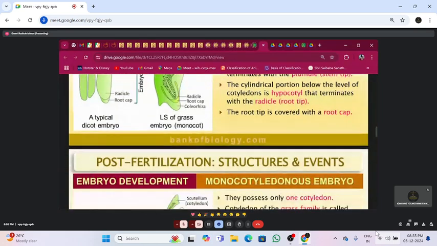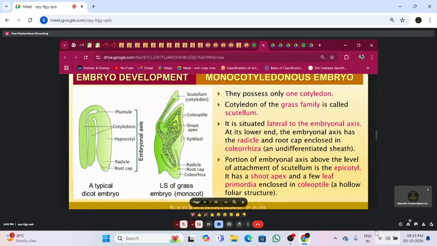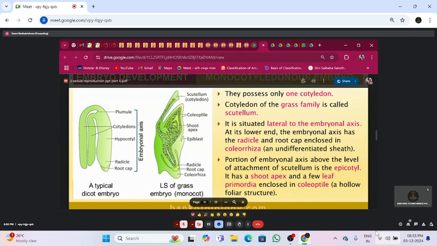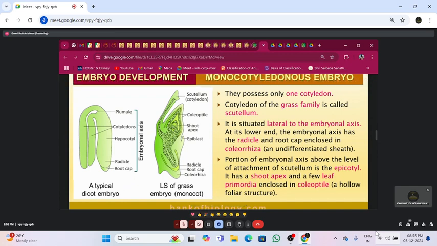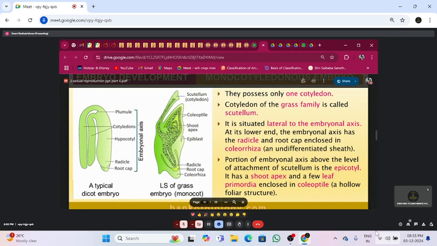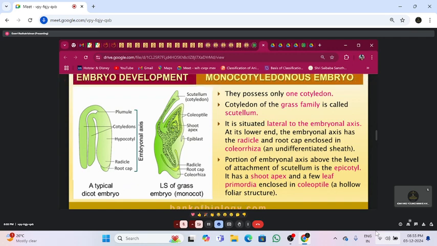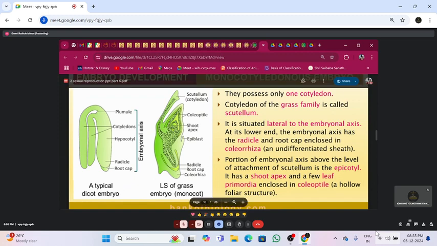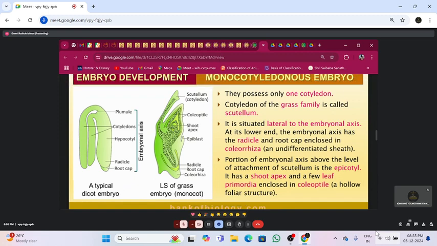A monocotyledon is slightly different. It possesses one cotyledon, which is called the scutellum. It is lateral to the embryonal axis, and then it has a radicle. The root cap is enclosed by the coleorhiza, which is below the root cap.